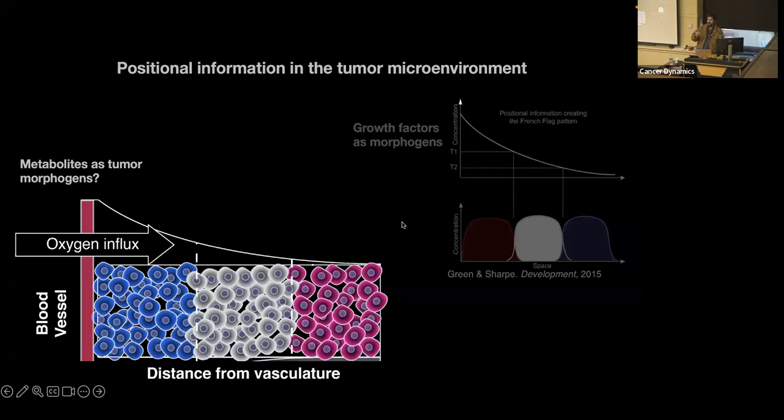For example, the levels of oxygen, the level of nutrients, and how those different metabolic conditions and environments may dictate different cell phenotypes or cell behavior within the tumor. There's obviously a big contribution of clonal heterogeneity and mutations, but on top of that, you have these non-genetic sources of heterogeneity. And this is particularly important for stromal cells, where mutation burden is actually much lower, right?